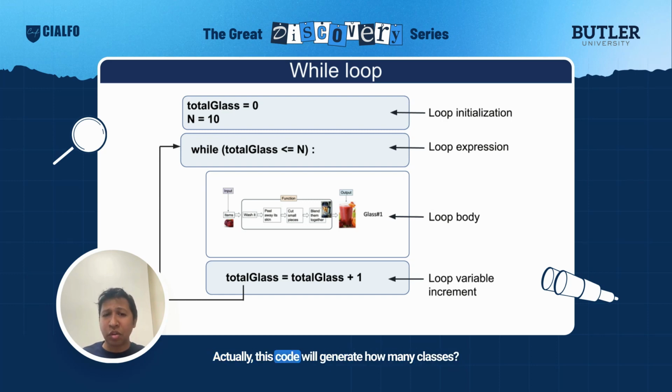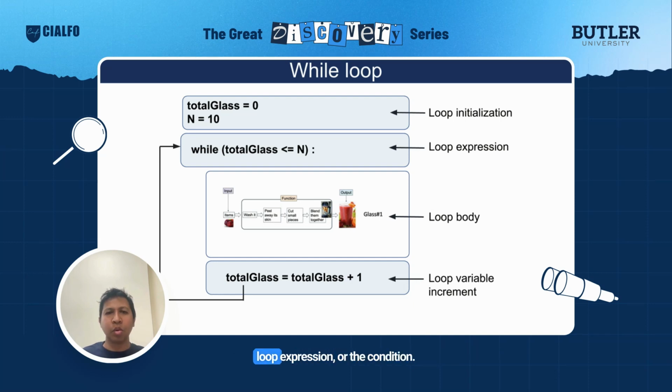So actually this code will generate how many glasses? When total glass is 0, is 0 smaller than 10? Yes, I'll make 1 glass of juice. Then total glass value becomes 1. Is 1 smaller than or equal to 10? Yes. So it will actually make 11 glasses, not 10. From 0 to 10, there are 11 numbers, right? So this part is known as loop initialization.